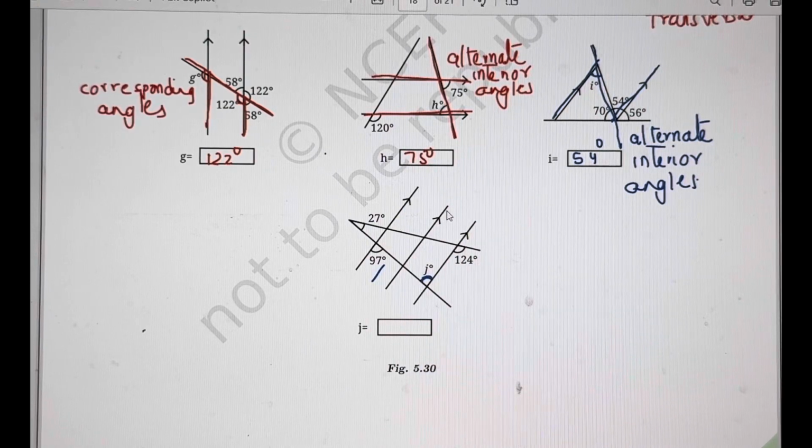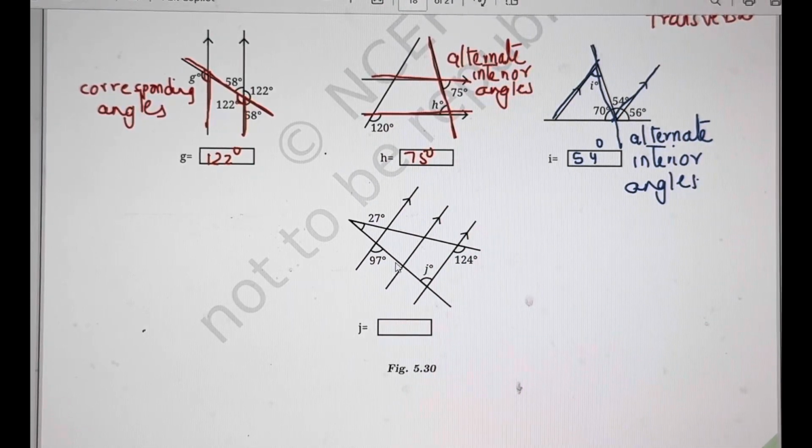These three lines are parallel, and these two are the transversal. If you want, you can give names to these parallel lines. So first identify the lines which are parallel and then identify the transversal and then go to find out this J. So we cannot find J and this 97 directly.